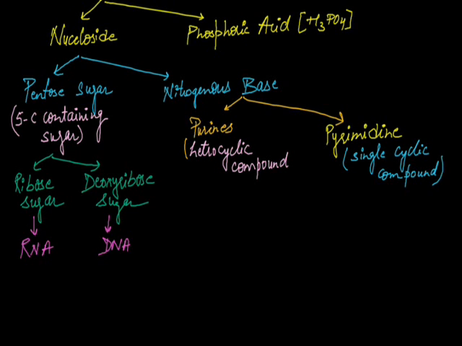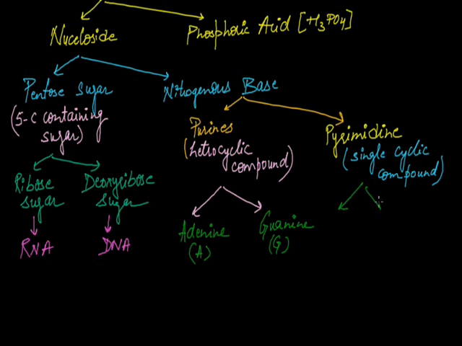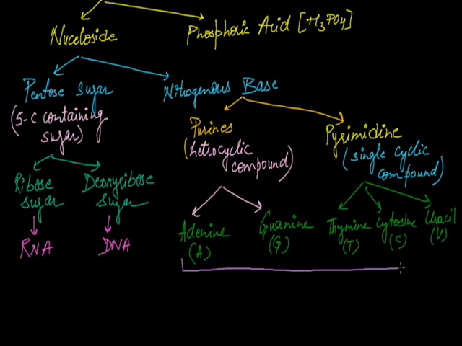Purine is of two types, adenine denoted by A and guanine denoted by G. Pyrimidines are further of three types: thymine denoted by T, cytosine denoted by C, and last uracil denoted by U. These four, A, G, T and C, are present in DNA, while uracil is the nitrogenous base which is only found in RNA.